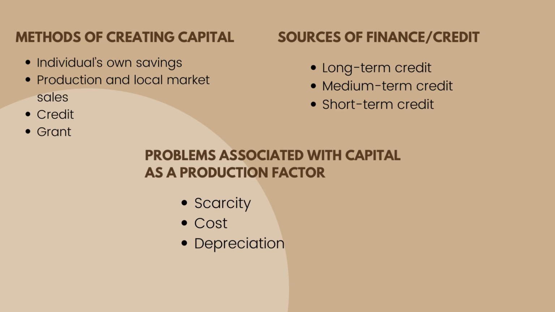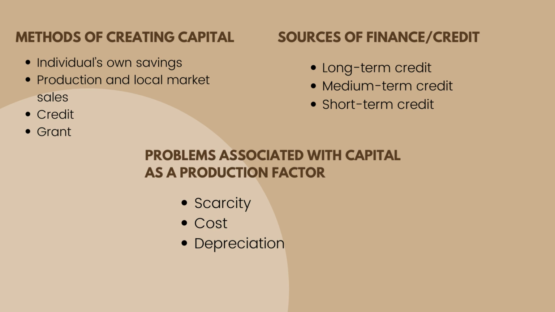And then we've got various ways of creating capital. How is this capital created? It can be created from the farmer's own savings. One can get income for this capital from saving or even investing.